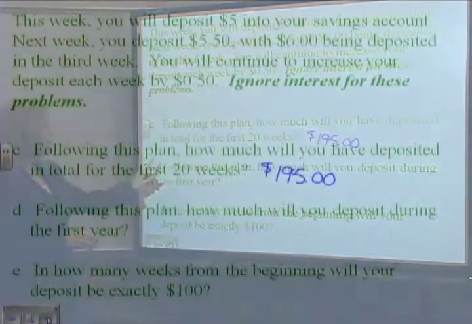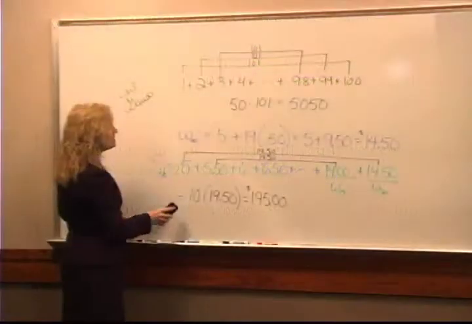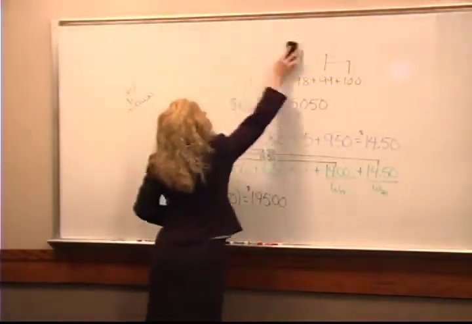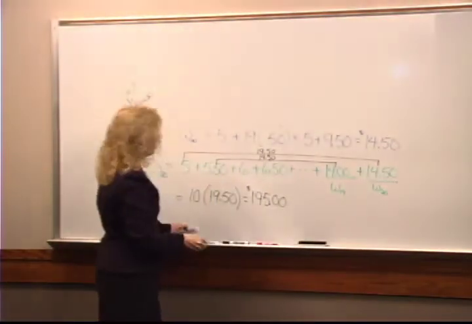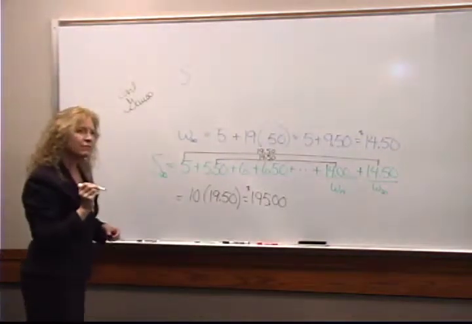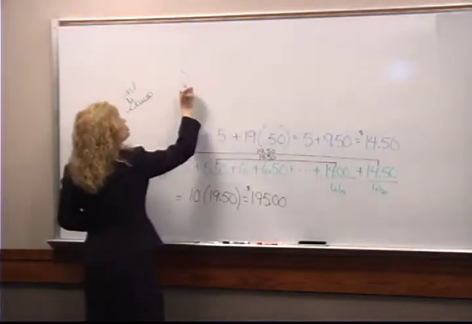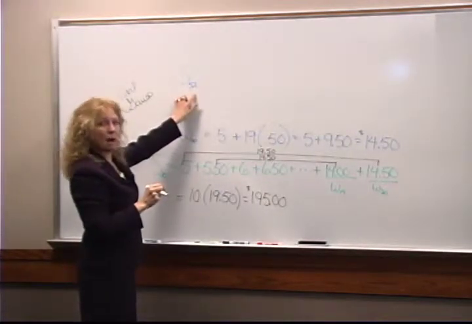Well, if we follow this plan, how much will we deposit within the first year that we're doing this? Well, I'm going to have the same kind of a setup. We would have S sub, let's see here, if it's for the first year, we're going to do 52 terms, right? And this is, again, a partial sum.